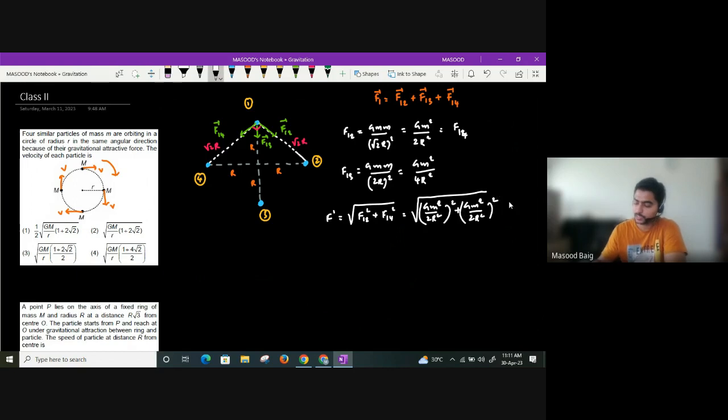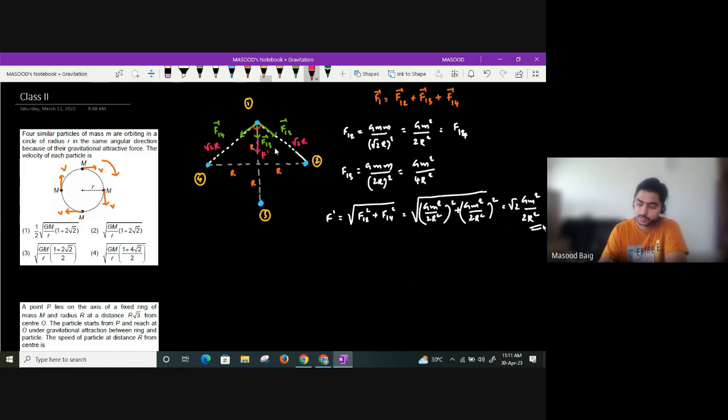Which I will get as root 2 into G m square divided by 2r square. So the resultant of F12 and F14 will act in this manner only.